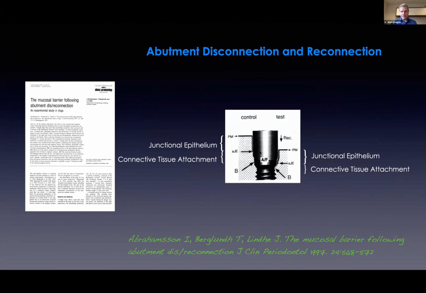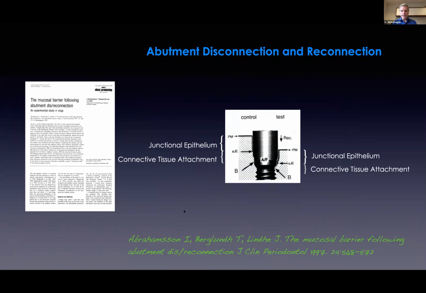Now, this is a diagram of the implant with their temporary abutment on it. This is the gingival margin. That is the apical extent of the junctional epithelium. So this is sulcus plus epithelial attachment. This is the connective tissue attachment here. This is the control, and on this side, the test.